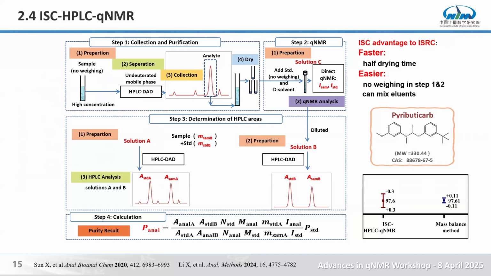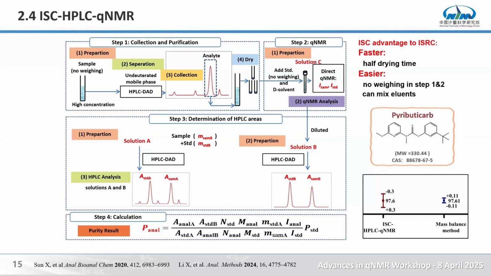In this method, only the eluate containing the analyte needs to be collected and dried before adding internal standards and deuterated solvent. The sample and the internal standard for qNMR were not required to be accurately weighed before the qNMR analysis, and the result was corrected by the ratio of PBe peaks between the test solution and the reference solution.